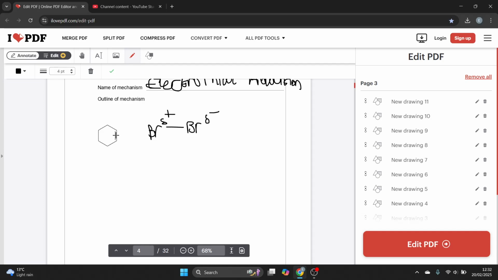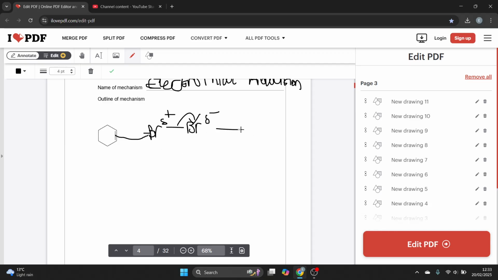Then the arrow goes from the double bond to the Br, and that Br–Br bond breaks.